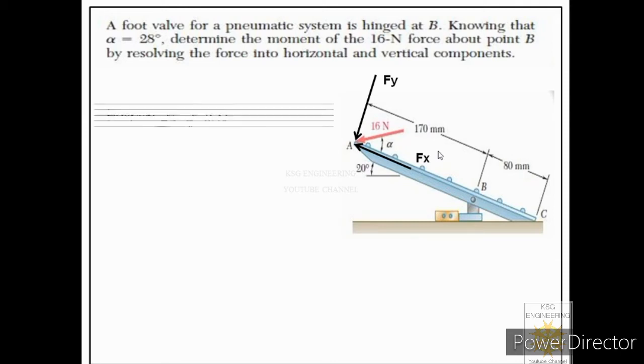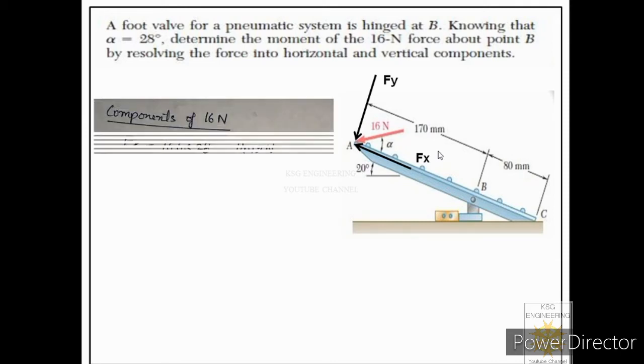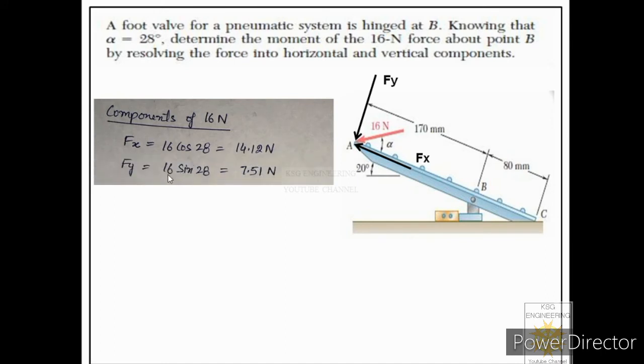So let us show the calculations now. The components of the 16 Newton force will be Fx equal to 16 cos 28 and Fy equal to 16 sin 28. We have found their magnitudes. You can see we are not considering their direction because we are solving a problem related to moments.